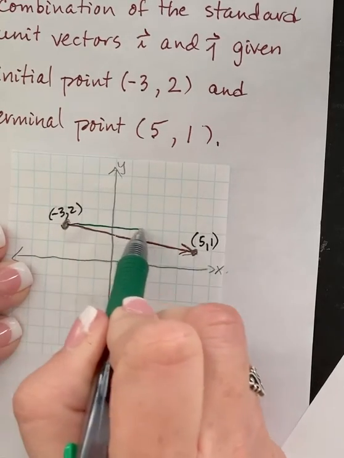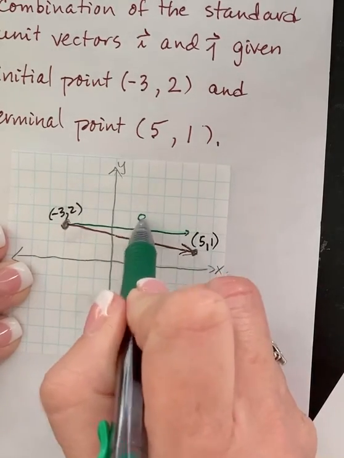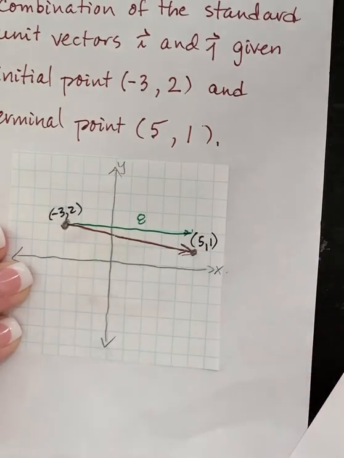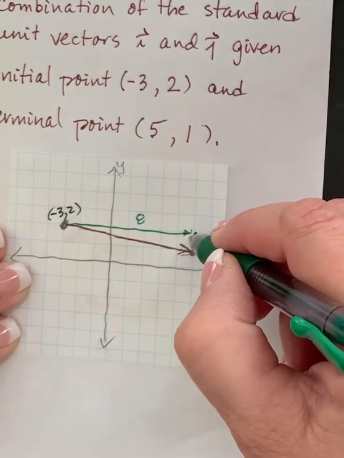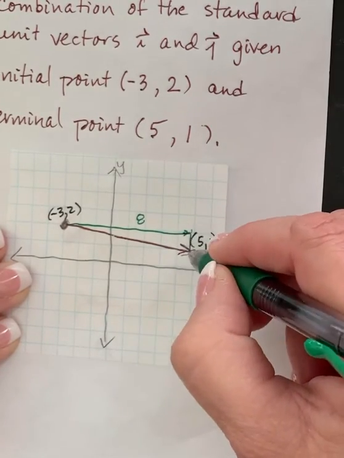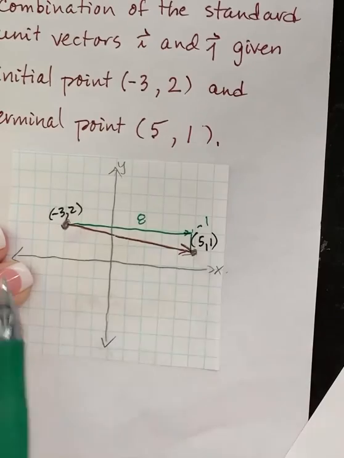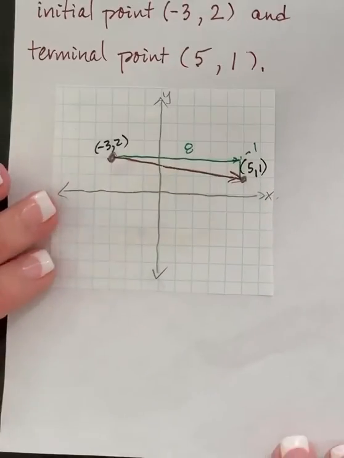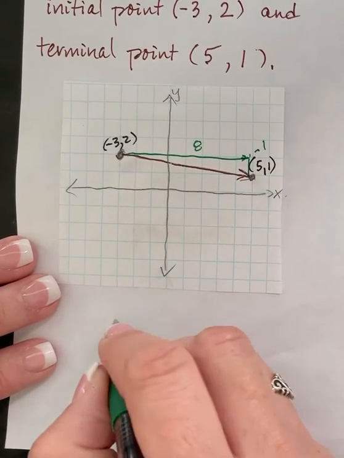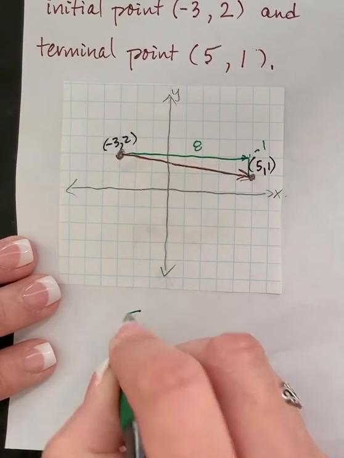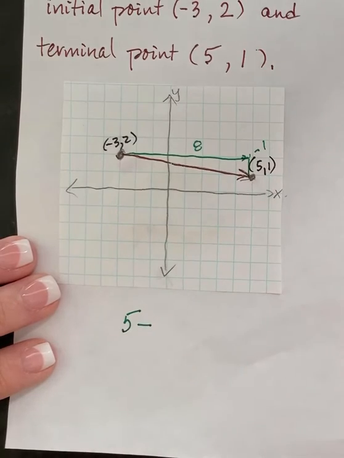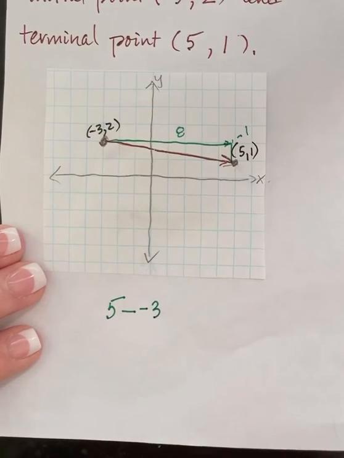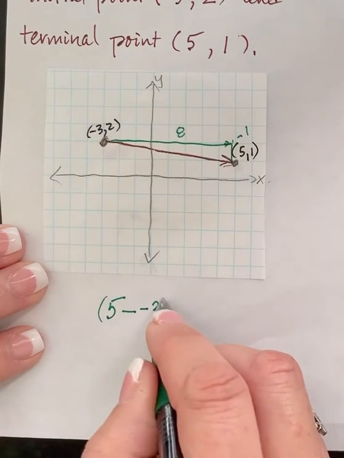Horizontally, it's going to be moving 8 to the right, right? Which is found by subtracting 5 minus -3. And then the vertical component it goes down 1, so that would be -1. And you can find that by subtracting the vertical components. So if you take the terminal point's horizontal coordinate 5, and then subtract the initial point's horizontal component of -3, that will give you the overall horizontal.